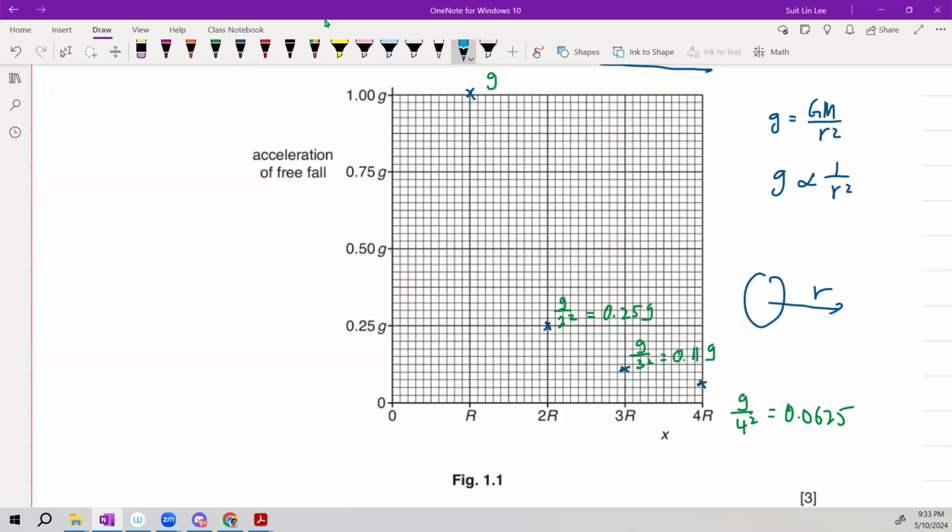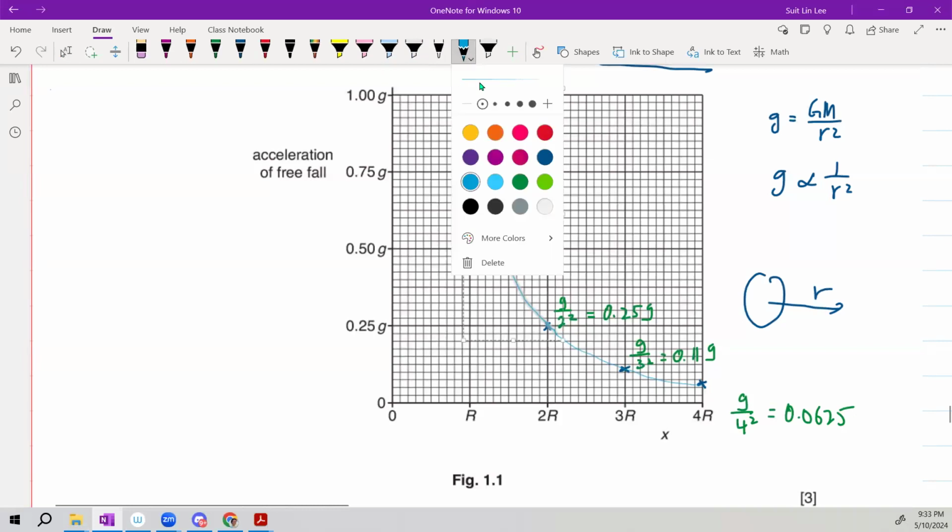So with a smooth curve, it's a 1 over R squared graph, right? Make sure you pass all the important coordinates, 3R and 4R, in a reasonable looking shape. Something like this. Let me make this darker, thicker.